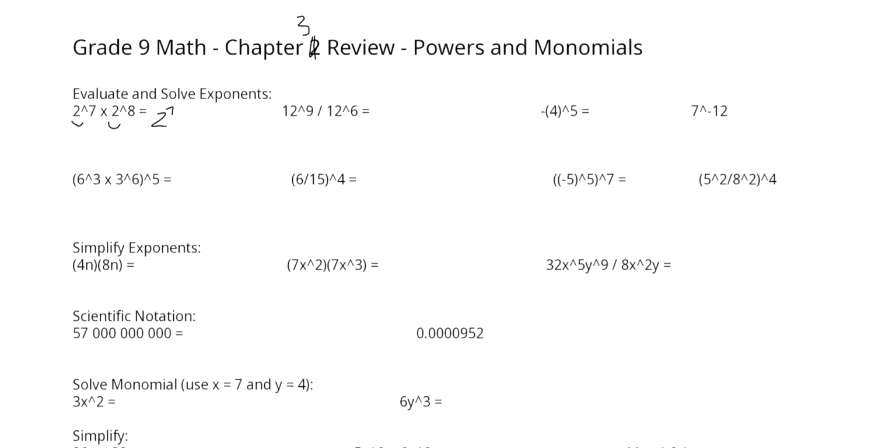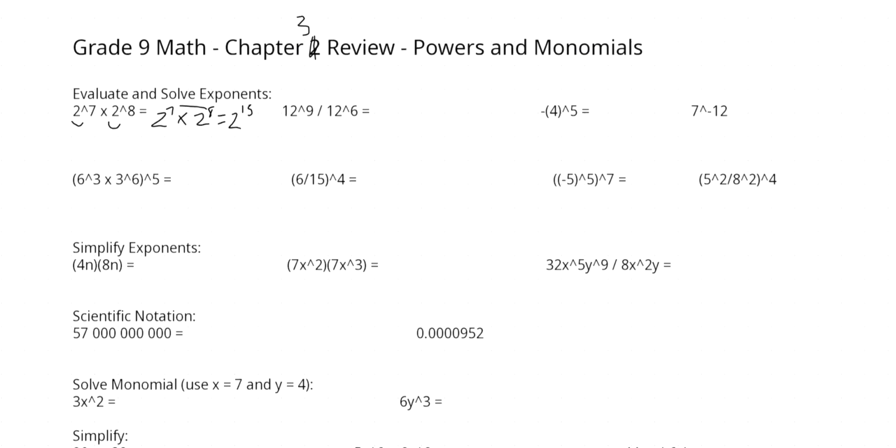If that's what you said, that's correct. You can pause the video and do the questions, and then see what I've done for the answers afterwards. So here we have 12 to the power of 9 divided by 12 to the power of 6.